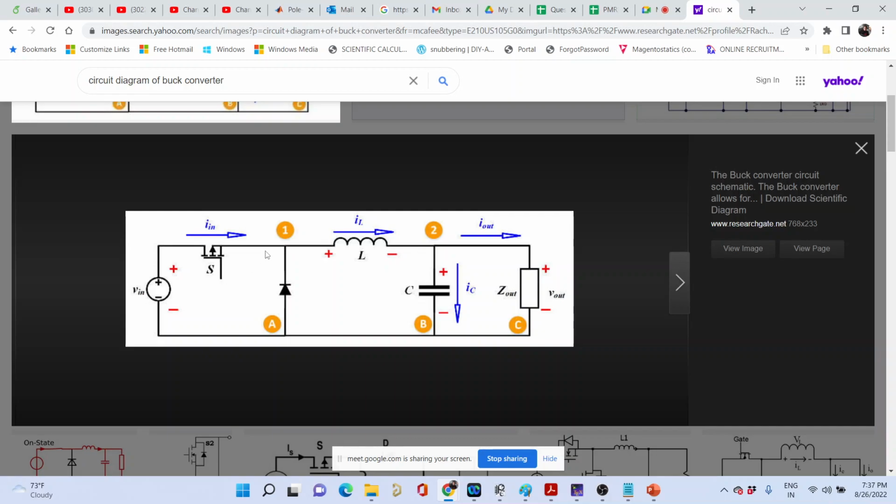What is VGS, gate to source, what is the voltage across this? 5 volt, right? VG minus VS. Correct. So it is 10 volt and 5 volt. So you are applying 5 volt, whereas you want to apply 10 volt.